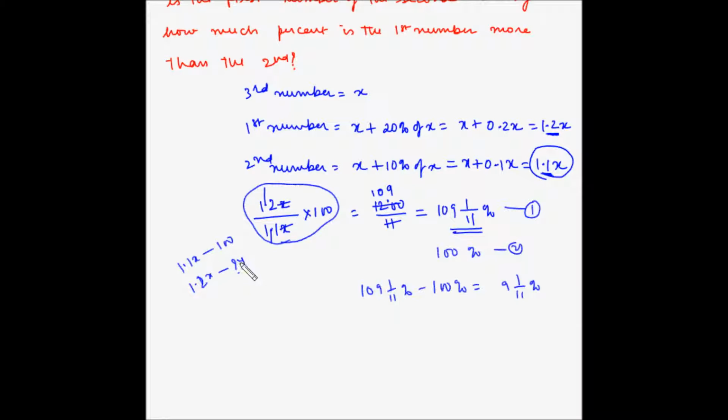So let's say this is y. So y into 1.1x is equal to 100 into 1.2x, or y is equal to 1.2x divided by 1.1x into 100. And this is what we have done here. So with this explanation, now you understand that the second number is 100 because we equated 1.1x to 100, and then we found out what is 1.2x.